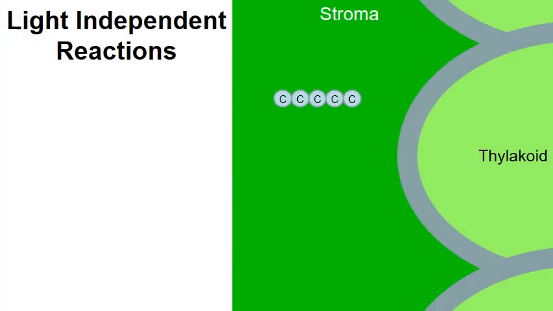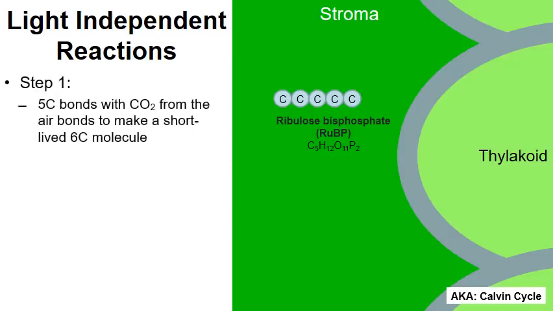Okay, so the light-independent reactions. This is also known as the Calvin cycle, named after the scientist who helped to identify these steps. So we're going to start breaking it down. First of all, there's a 5-carbon molecule by the name of RuBP, ribulose bisphosphate. Now, it has more than just 5 carbons.